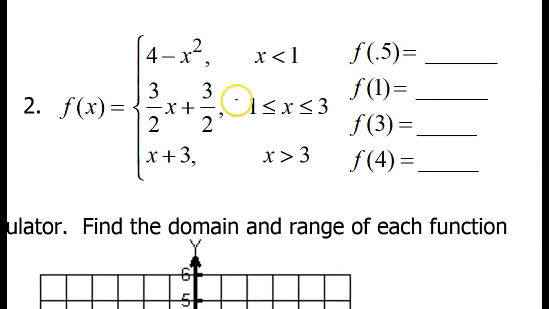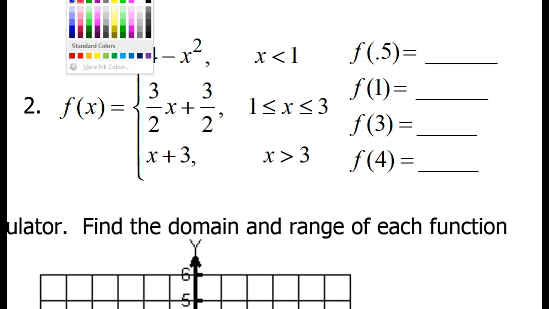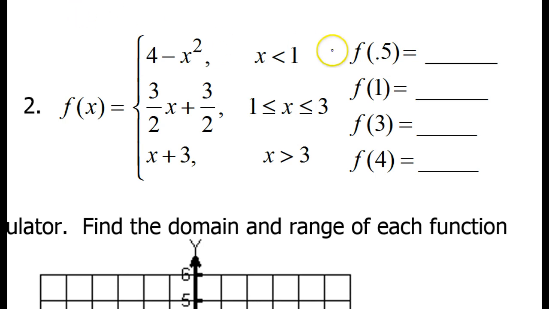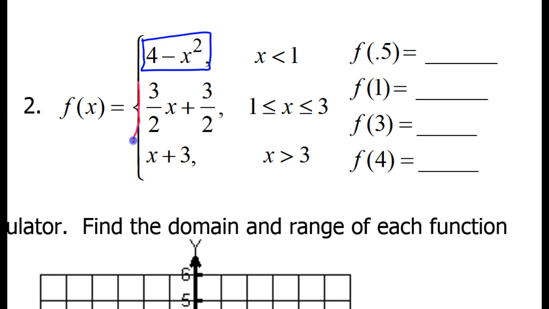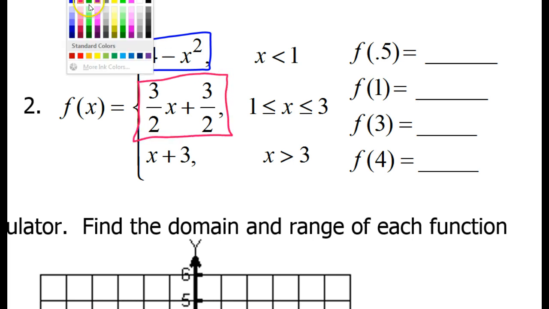Okay, take a look at problem number 2. Again, we first must decide which piece we're going to use. Maybe I'll color code this. So we'll have the blue piece, the red piece, and the green piece.